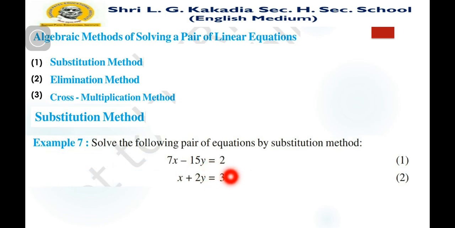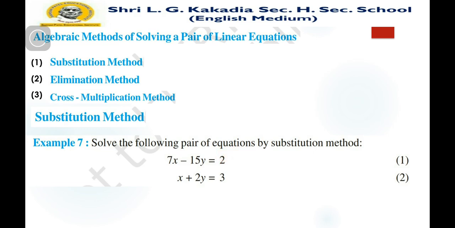Here in equation number 2, x is the variable with coefficient 1, so we take this equation. We make x the subject and get x is equal to 3 minus 2y, and after getting this value we put it in equation number 1, 7x minus 15y is equal to 2.